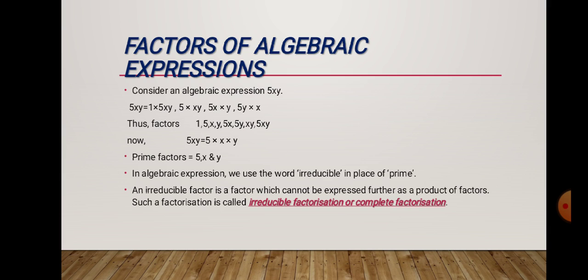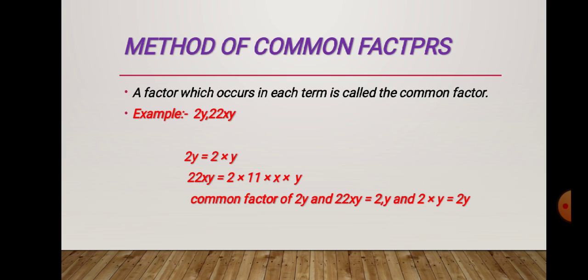Till 7th, we use the word prime, but from 8th standard, we use the word irreducible in place of prime. An irreducible factor is a factor which cannot be expressed further as a product of factors. We cannot write the product of its factors, that is called an irreducible factor. Such a factorization is called irreducible factorization or complete factorization.